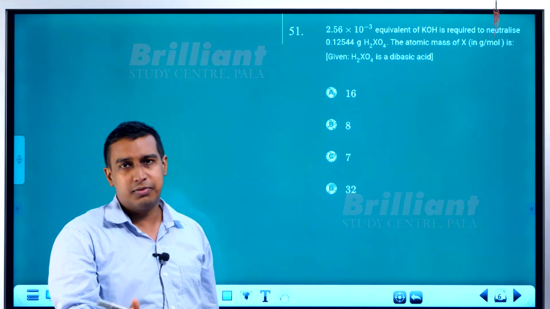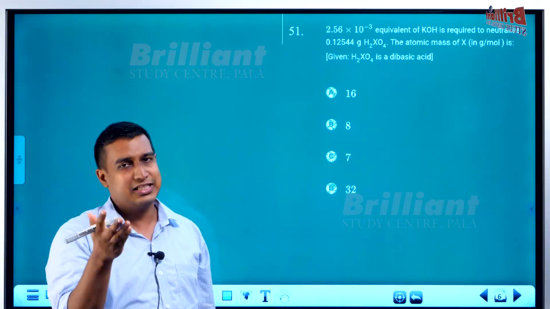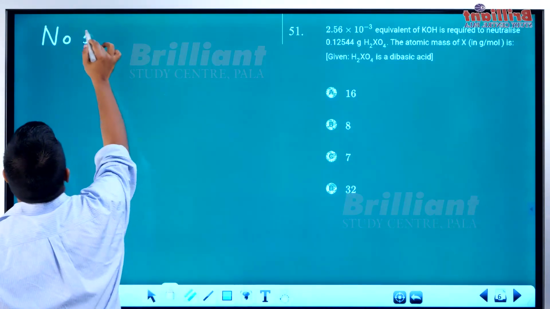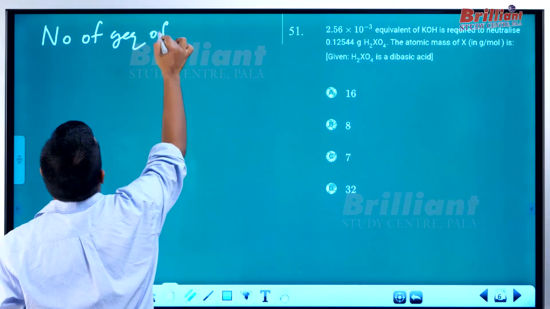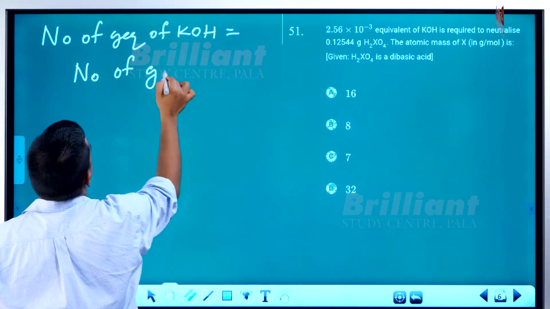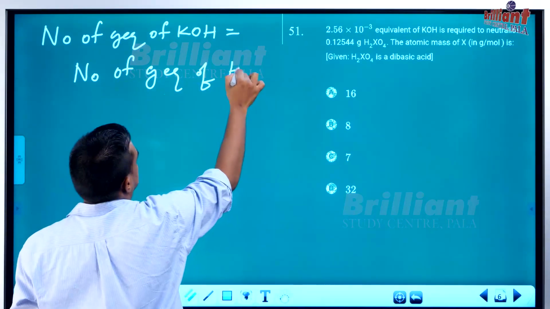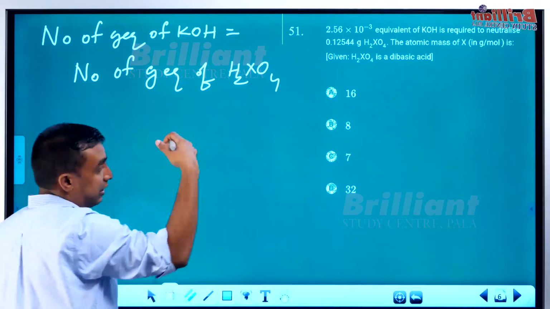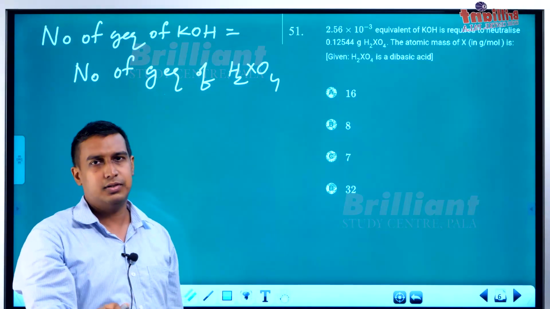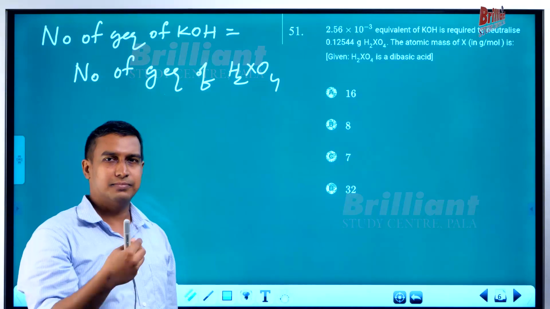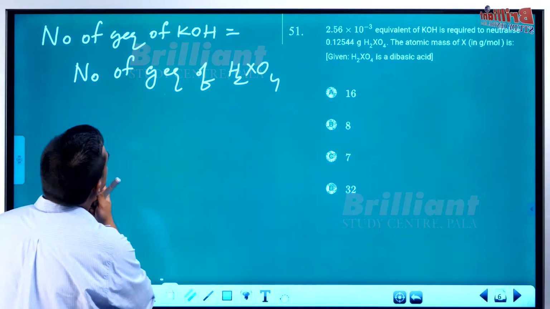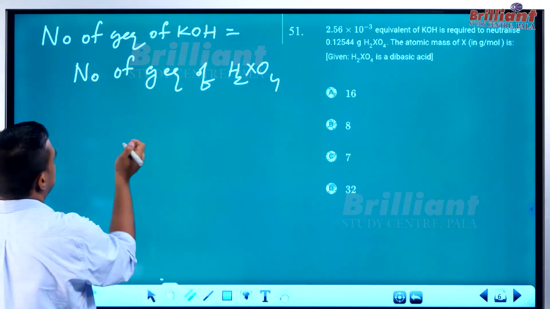Whenever a reaction happens, the number of gram equivalents of the two reacting substances has to be the same. So I can say the number of gram equivalents of KOH is equal to the number of gram equivalents of H2XO4. In the easy way we found that X is sulfur, and we know the weight of sulfur is 32. What I am teaching you is how to do it using the concept of gram equivalents. So the number of gram equivalents of KOH is equal to the number of gram equivalents of H2XO4.